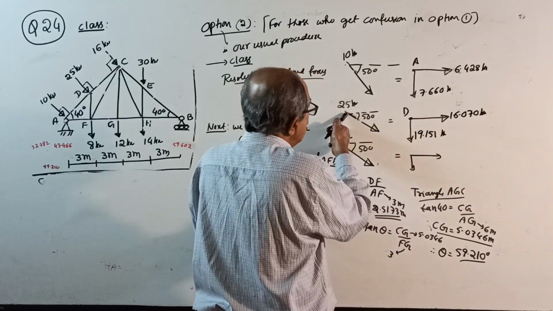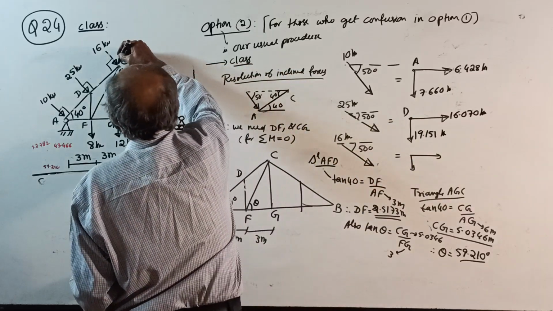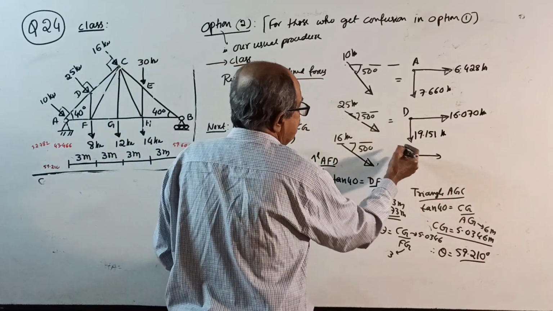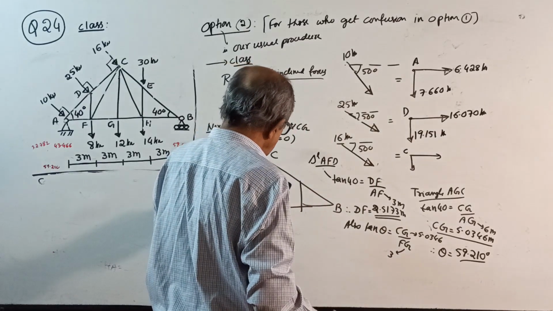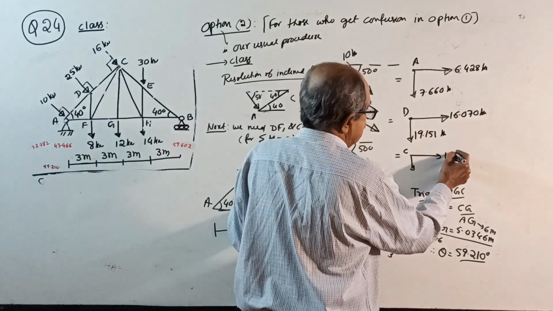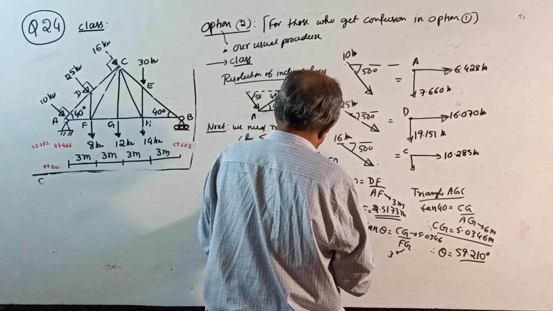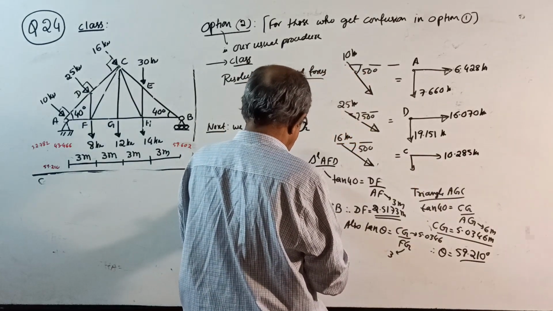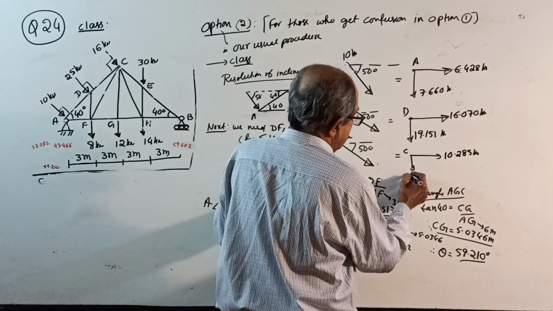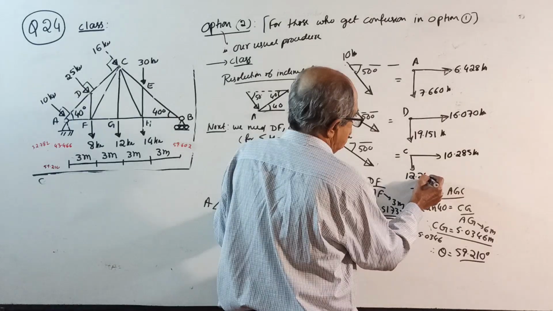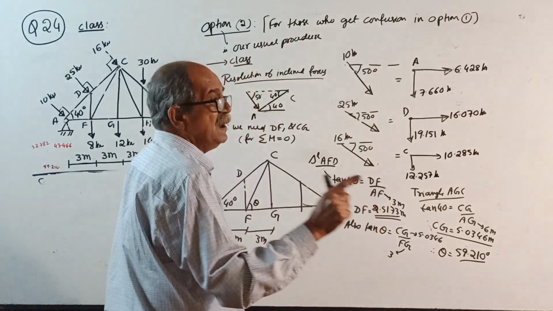So this 25 I replace by these two at D. And lastly, the 16 at C I replace by 16 into cos 50, which is 10.285 kilonewton, and 16 into sin 50, which is 12.257 kilonewton. Okay, resolution over.